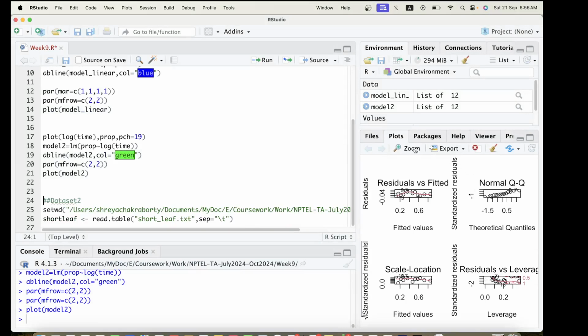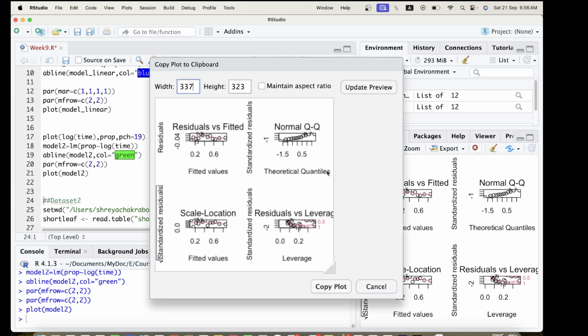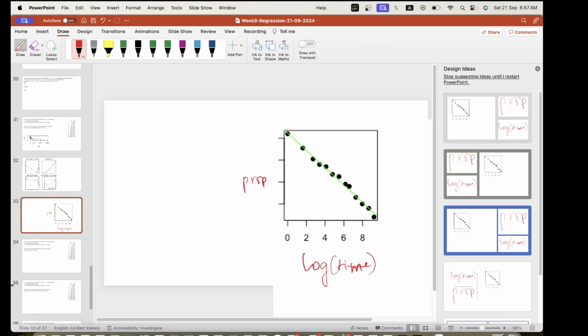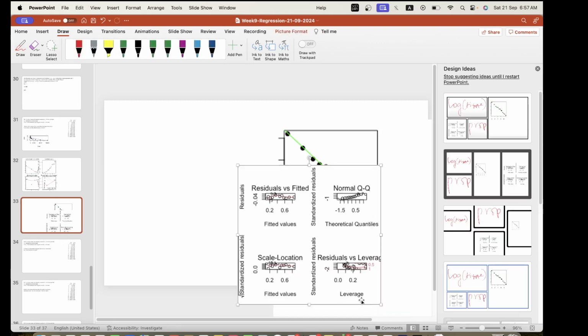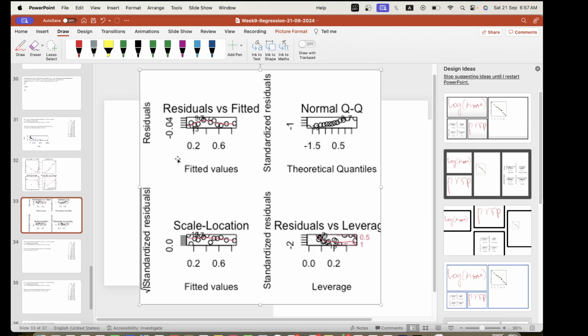Now if we consider the residual plots, we'll see that they are better.